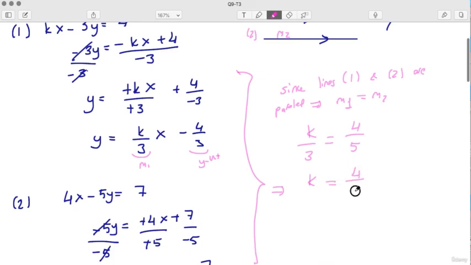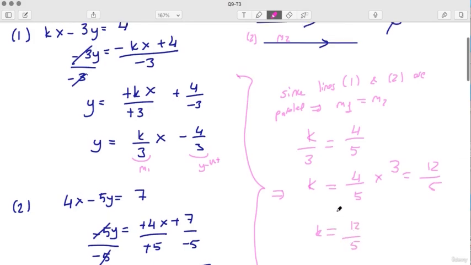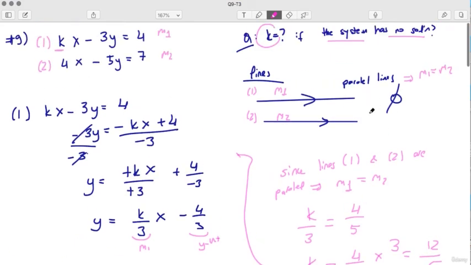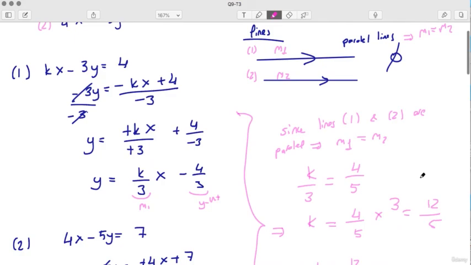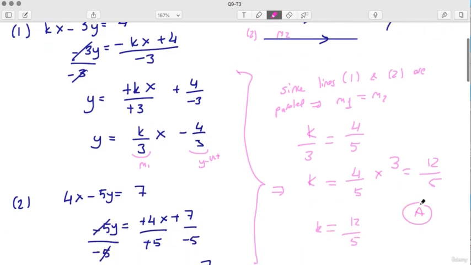On the right side, I get 4 over 5 multiplied by 3, which makes 12 over 5. So we found what k is. k is 12 divided by 5. If k is this number, then these lines are parallel and have no solution. And we get our answer, which is choice A, and we are done.